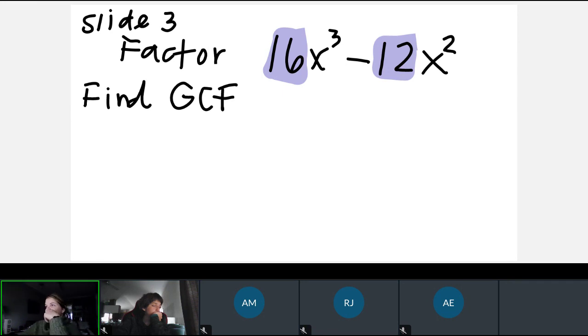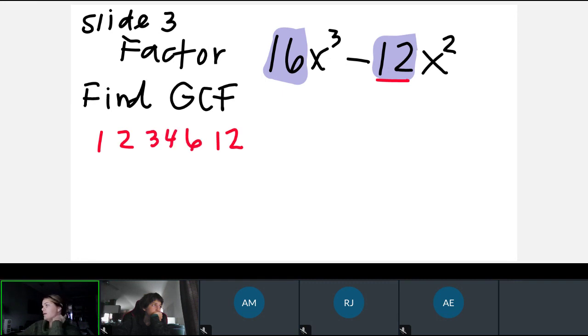So let's find the GCF of 12 and 16. So I'm looking for the biggest number that goes into both. It's easiest to start with your smaller number, which would be 12. So that would be 1 and 12. Actually, let me space these out a little bit better. We'd have 1 and 12, 2 times 6, and 3 times 4.